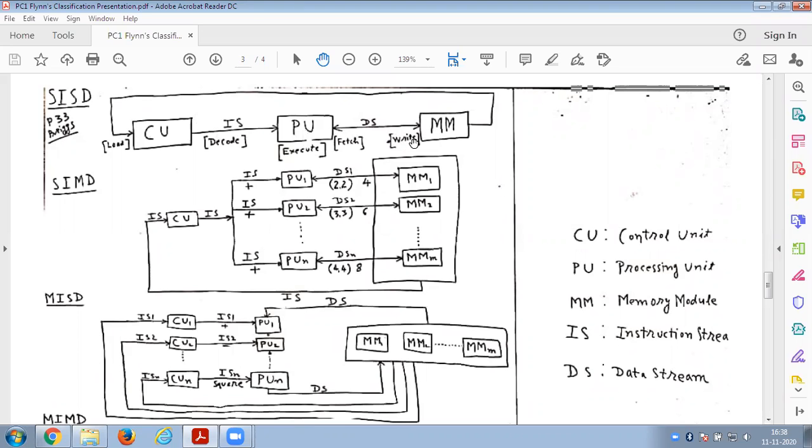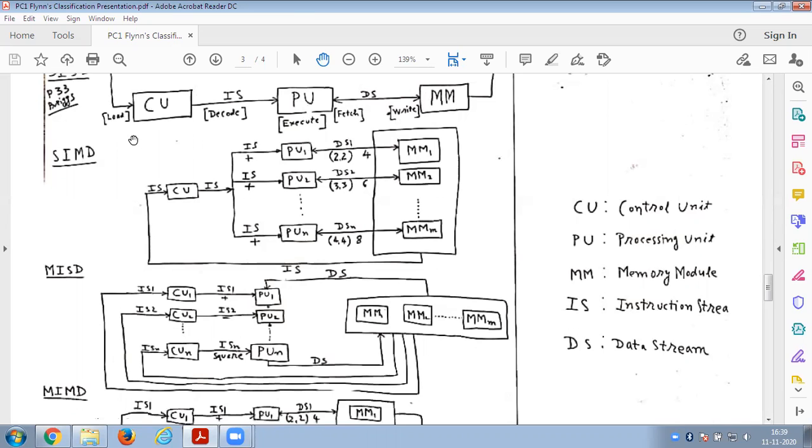That is called the write operation. Therefore, you can see that between PU and MU there is a double-sided bidirectional arrow. Data is taken from memory to PU, and the result is written by the processing unit into the memory. That is called the write operation.